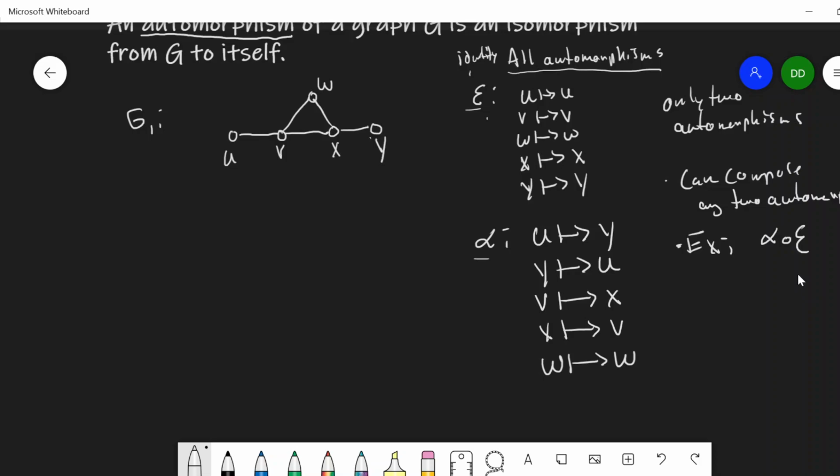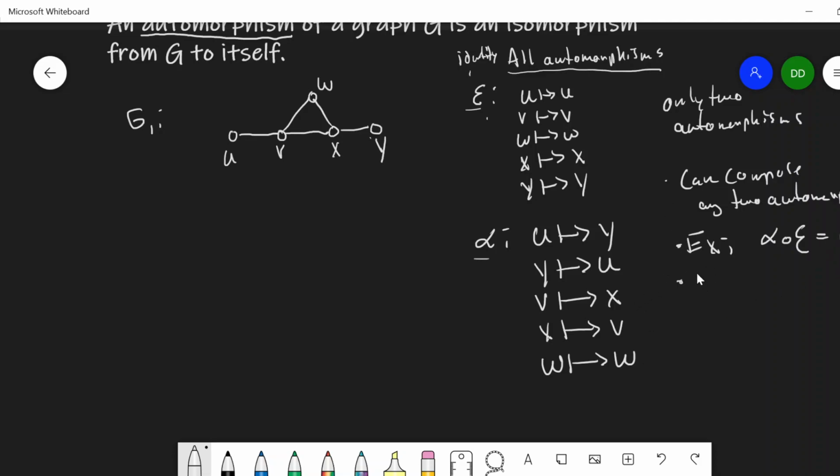And what'll happen? Well, I'll send u to u, and then I'll send u to y, and so u gets sent to y. I'll send v to v, and then v gets sent to x, so v gets sent to x. Well, as you can see, since epsilon is the identity automorphism, this is really just going to be alpha.